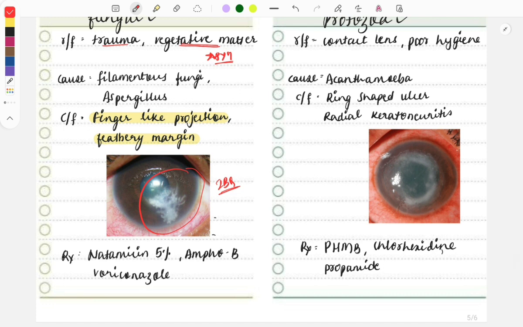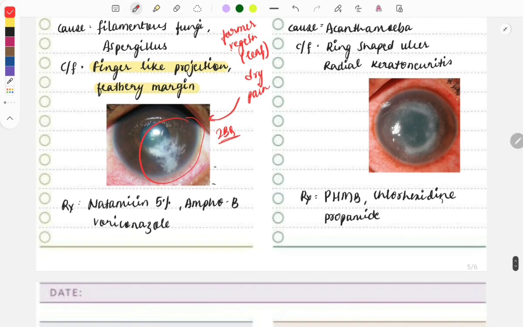Or they can describe a case where a farmer came in contact with vegetative matter, like a leaf, and then developed dryness in the eyes, then pain, and on examination his eye finding was this. So which of the following is the diagnosis? It will be fungal keratitis.